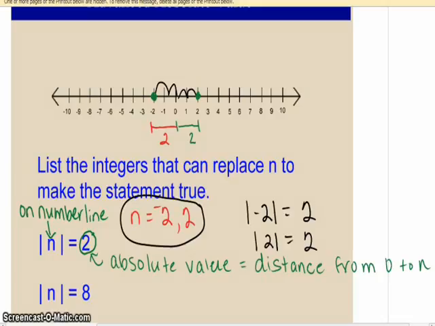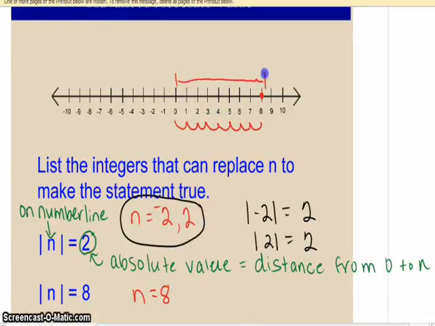See if you can think through what the absolute value of n could equal if the distance is 8 this time. So this time the distance is 8. So if you know for sure that n has to be at least 8, you're on the right track there because the distance from 0 to 8 is 8.